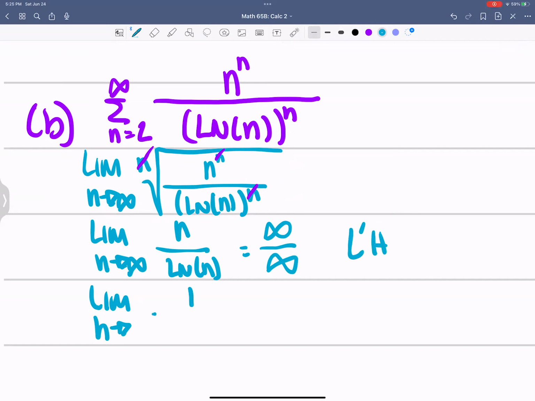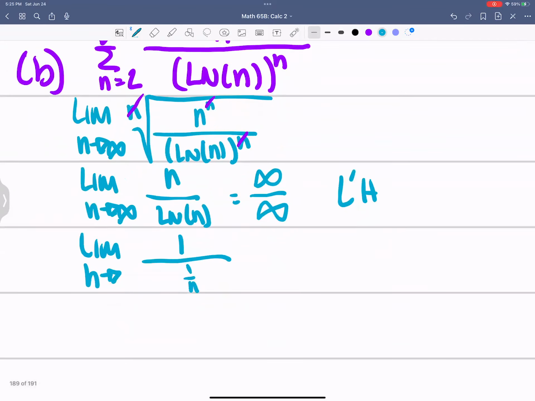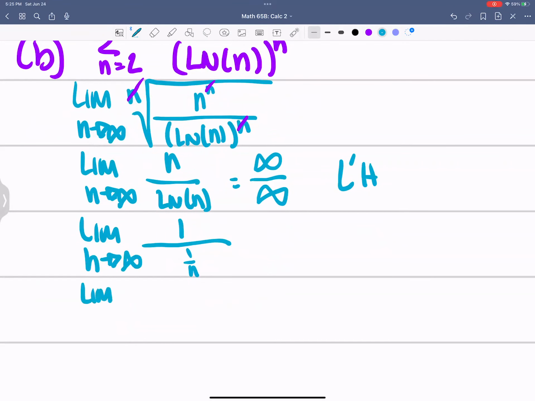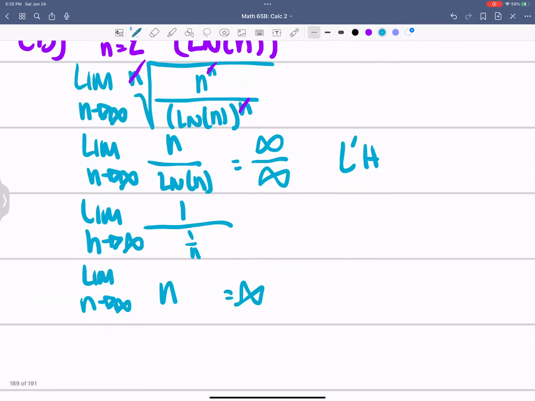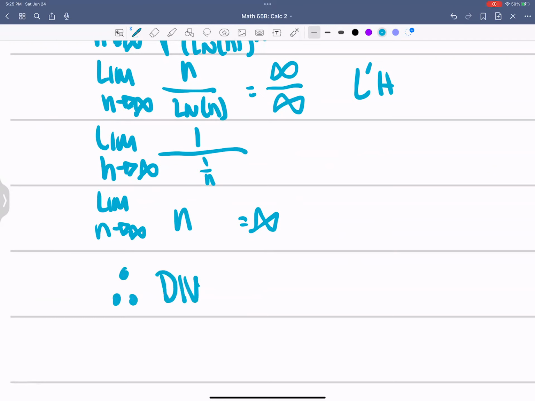So we have 1 over 1 over n, which ends up being the limit as n approaches infinity of just n, which goes to infinity. So therefore, this series diverges. So sad, but the series diverges.